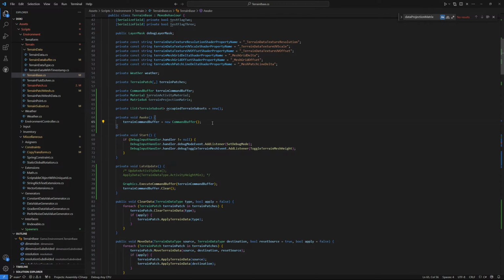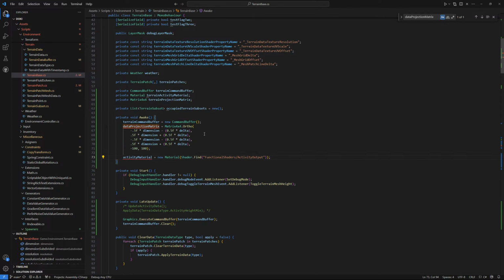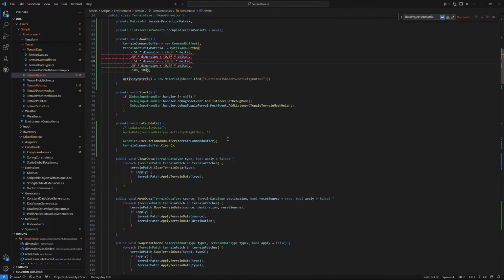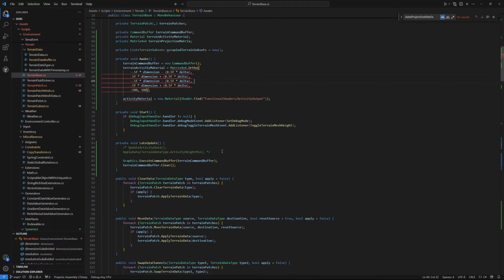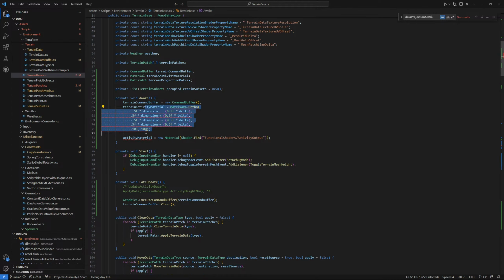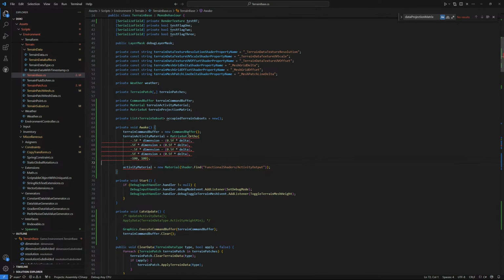So in awake, I want to do terrain command buffer, then we want to start this one as well. So terrain activity material. Generate. We can't actually do anything about these unless we generate first.